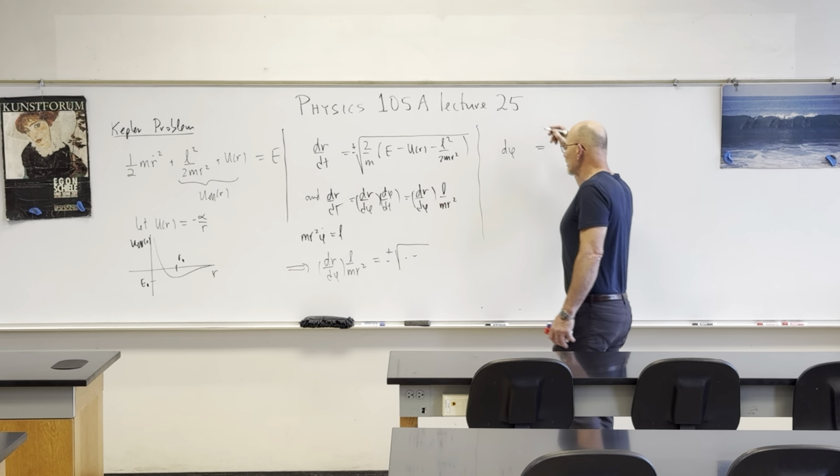So we've got the plus or minus, and we've got all of this here, 2 over m times E minus, and at this point I'll go ahead and plug in the negative alpha over r for the U of r. So E plus alpha over r minus L squared over 2m r squared. Because now we're doing the actual Kepler problem. We investigated this independent of that the other day.